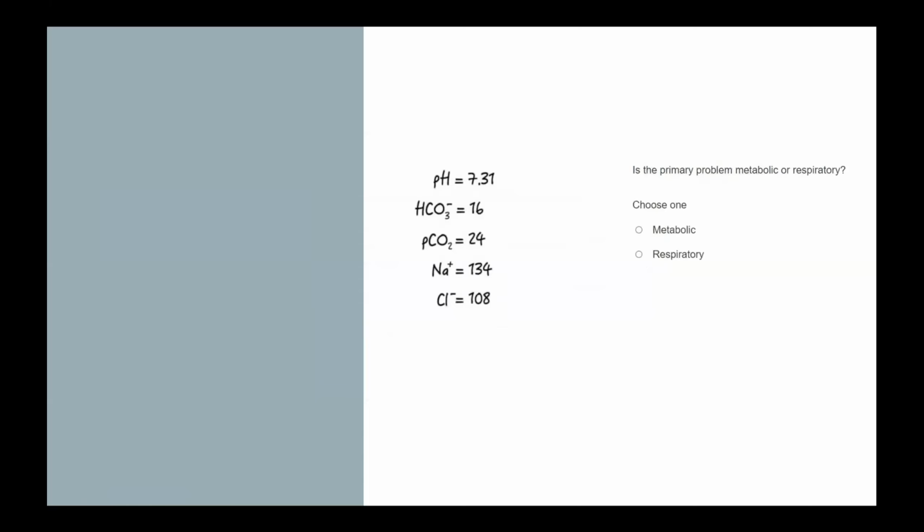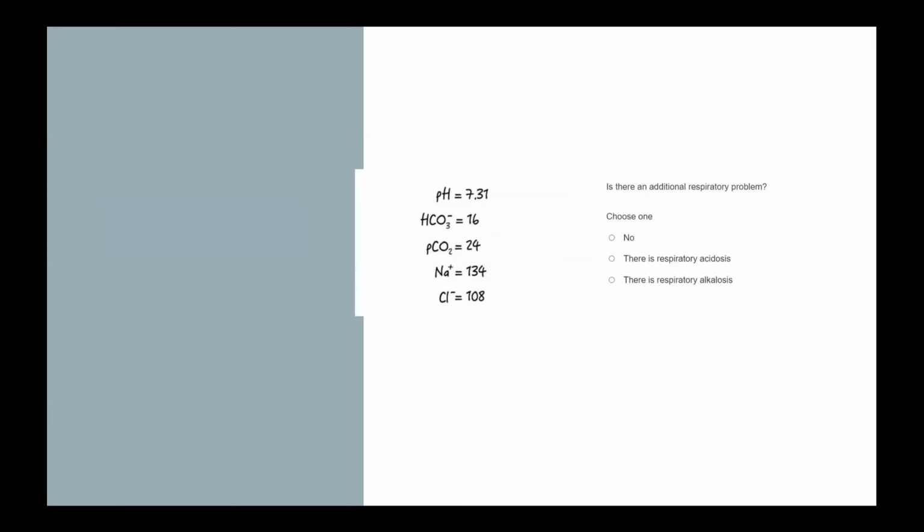Check the carbon dioxide and pH. The pH is low. Check the carbon dioxide. Both are moving in which direction? Is there any additional respiratory problem? So then this is the problem for us, this one we have to calculate.